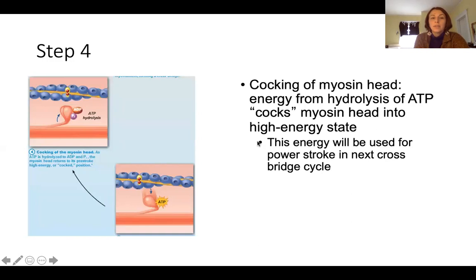So then we get back to the cocking of the myosin head, which is like the pre-stroke before it's going to attach to the binding site. So you had your head detach, and now you have a high energy state where it's ready to attach again for the next cross bridge cycle.